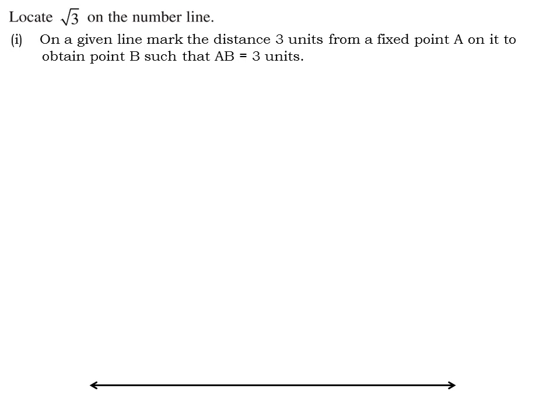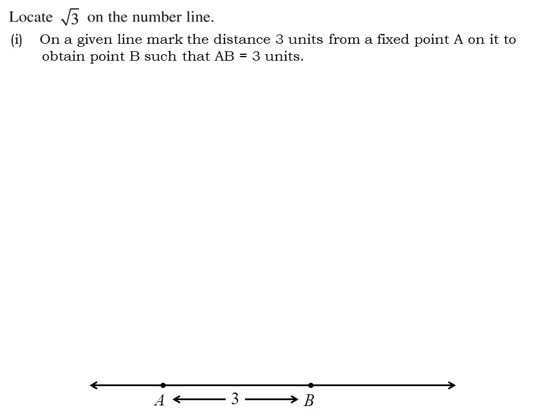So we have to make 2 points on this line. The first point is A and the second point is B, such that the distance between them is 3 units.